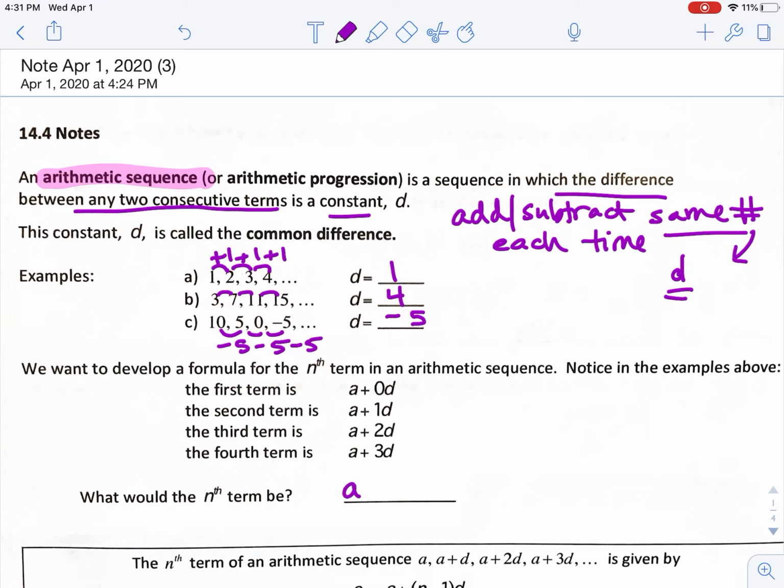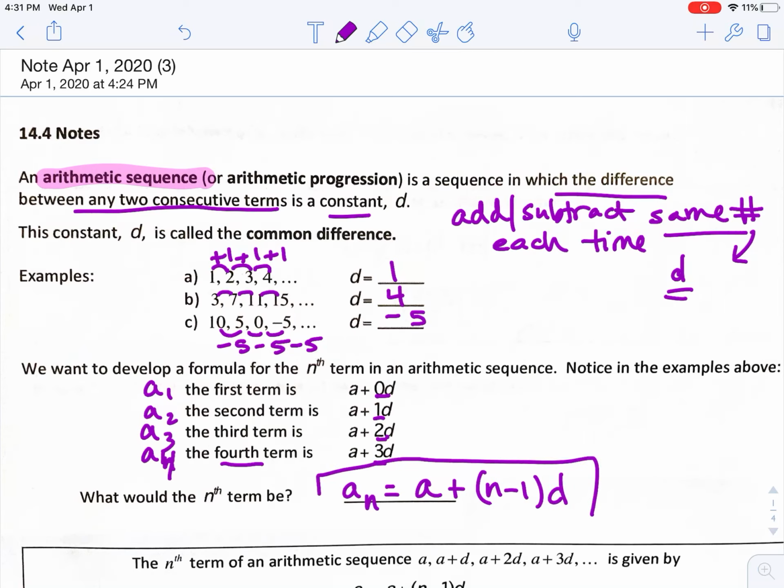And so my a sub n, or my nth term, is just the first term plus, notice this number here is always 1 less than that, and that's n. This is my a sub 4, this is a sub 3, a sub 2, a sub 1. So notice that the coefficient of d is always 1 less than n, so it's just n minus 1 times d. So this is what we call an explicit formula for the nth term of an arithmetic sequence.